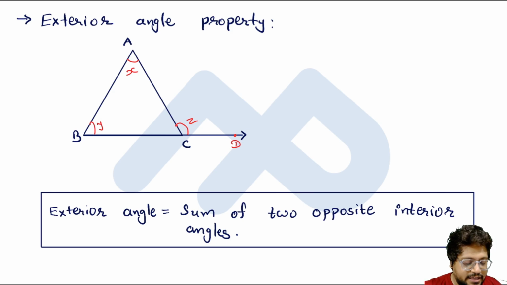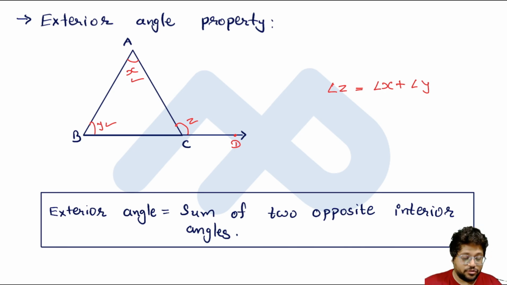Now you see that Z has opposite interior angles X and Y. I am not talking about this interior angle because it is not the opposite one. So in our case, angle Z will be equal to angle X plus angle Y. Clear? So any exterior angle is equal to the sum of two opposite interior angles.